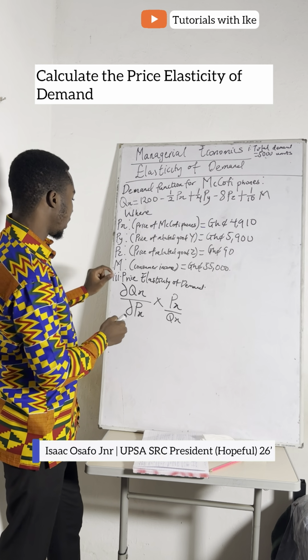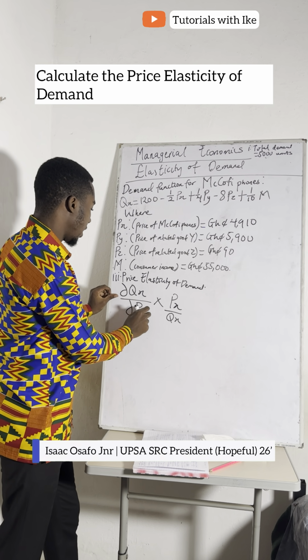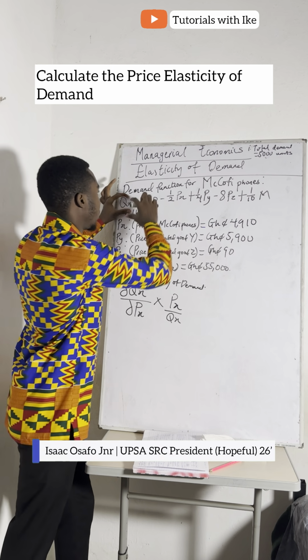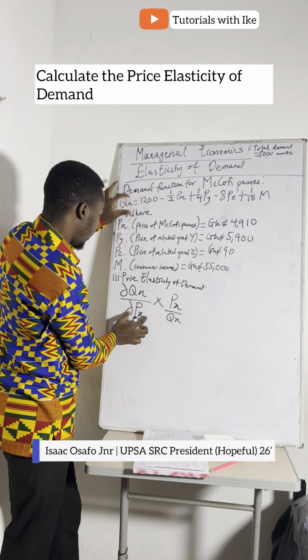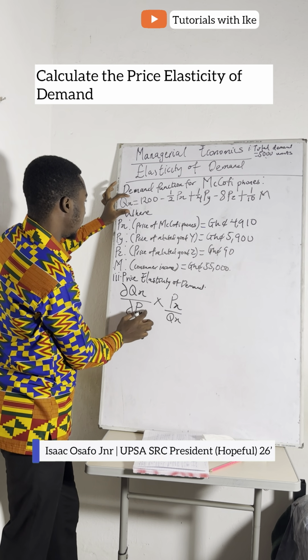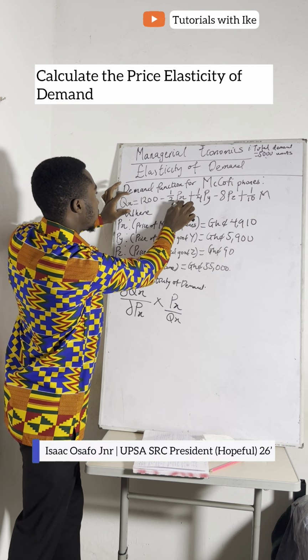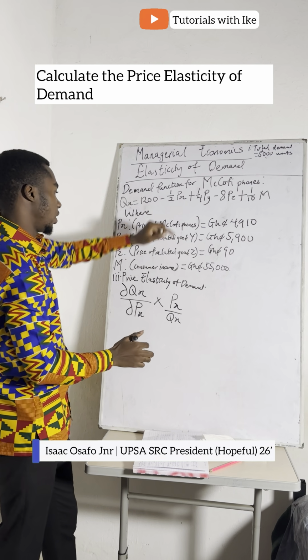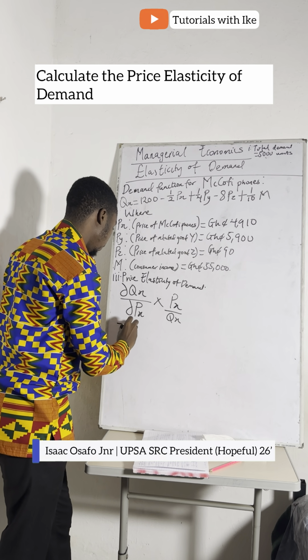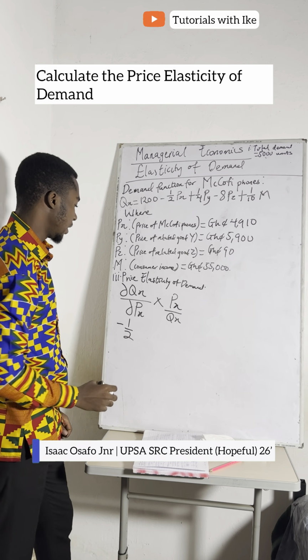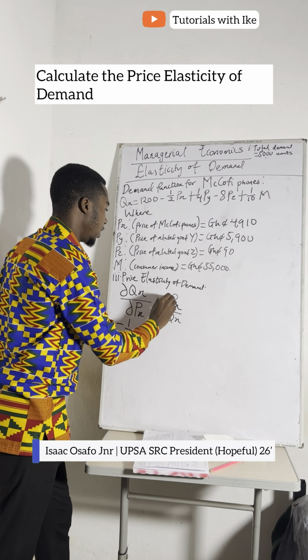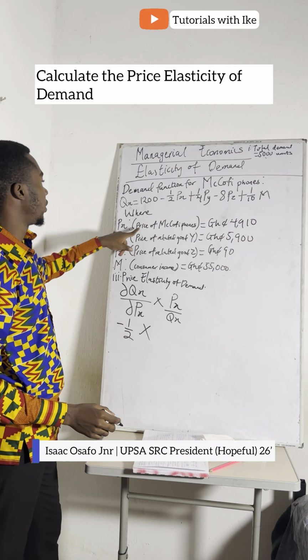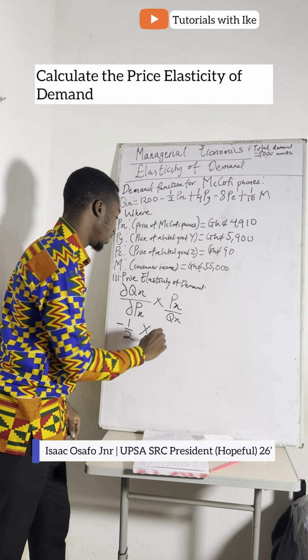So now this del QX over del price X means that you take the QX function, you get it. Then whatever is at the down, you take the coefficient of it, which is the PX. So the coefficient of PX here is -1/2, which is whatever is attached to PX. So we are getting -1/2. Then times PX. PX was already given to you as 4,910.